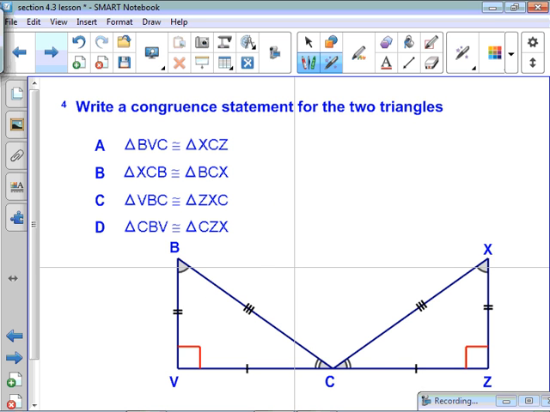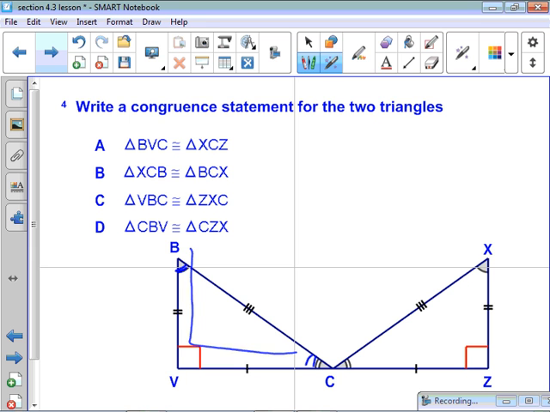Write a congruent statement. These triangles are congruent, but how would we name it? You have to make sure you go in the same order. Okay? So I don't know which one they're going to want, so let's just go through these in order and see which one is true. Triangle BVC. Okay? That is this one, BVC. We start at the single, we go to the right angle, and then to the double.